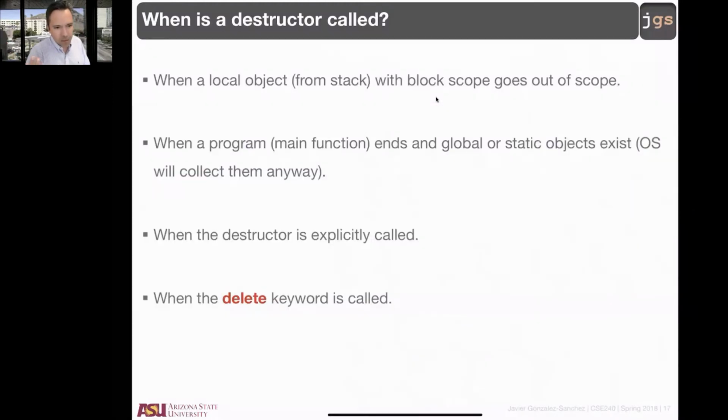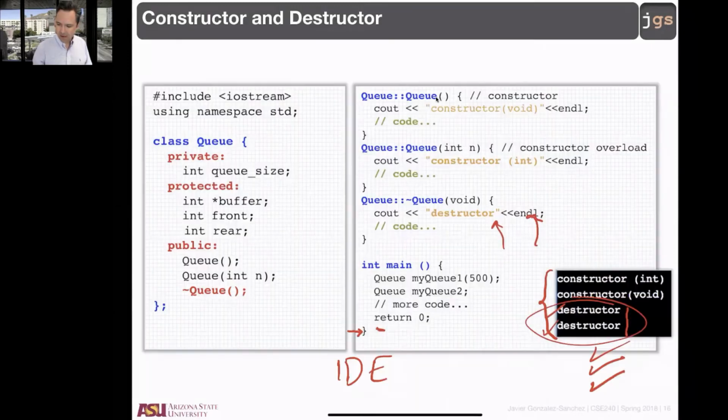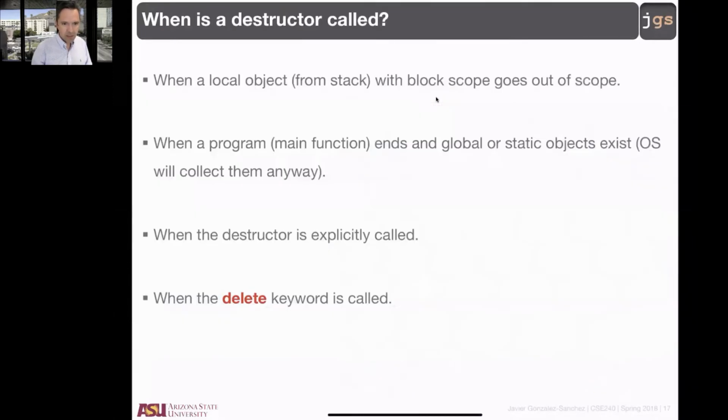Let's do something more complicated, because constructors and destructors with objects that are in the stack are very simple. What happens when we mix not only the stack, but now memory management? What happens if we start using delete?